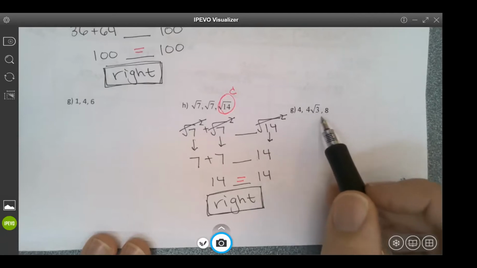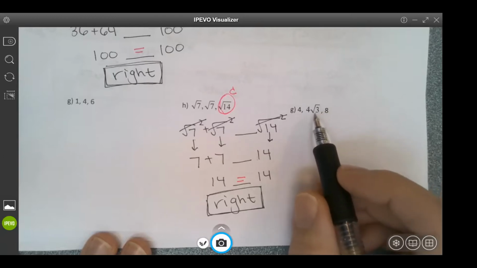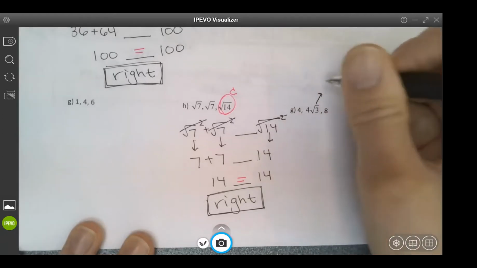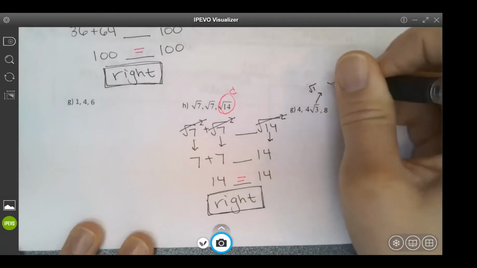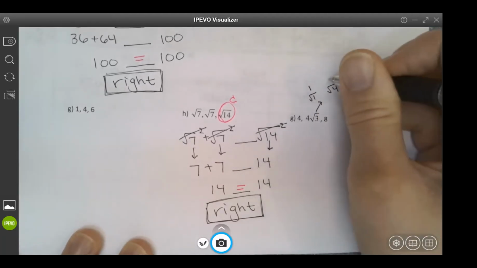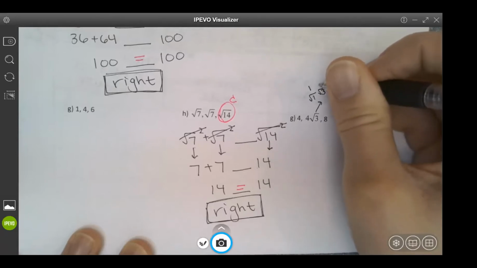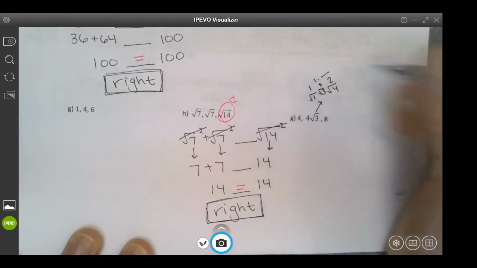If we don't have a calculator, I would know that the square root of 3 is going to be 1 point something. The way I know that is that the square root of 3 is between the square root of 1 and the square root of 4. Square root of 1 is 1, and the square root of 4 is 2. So the square root of 3 is somewhere in there, 1 point something.